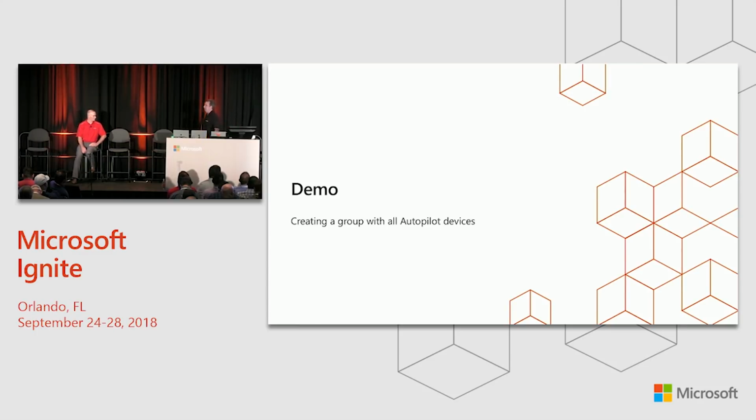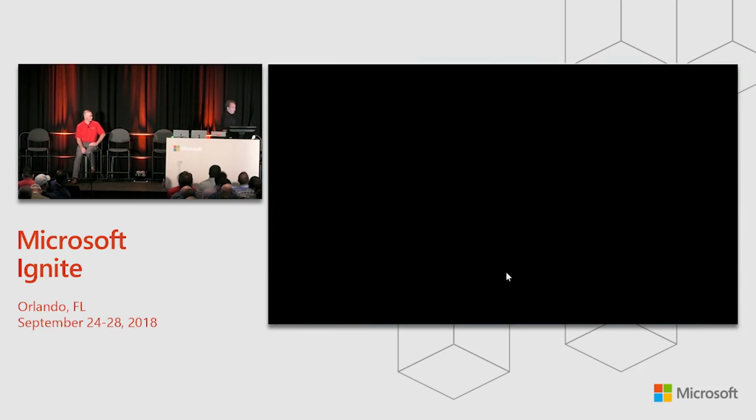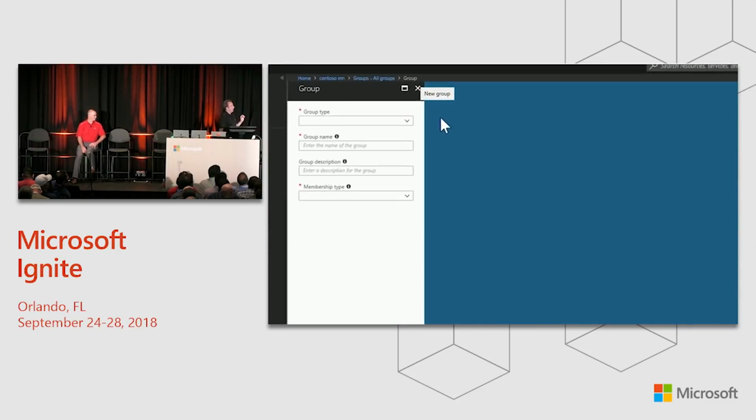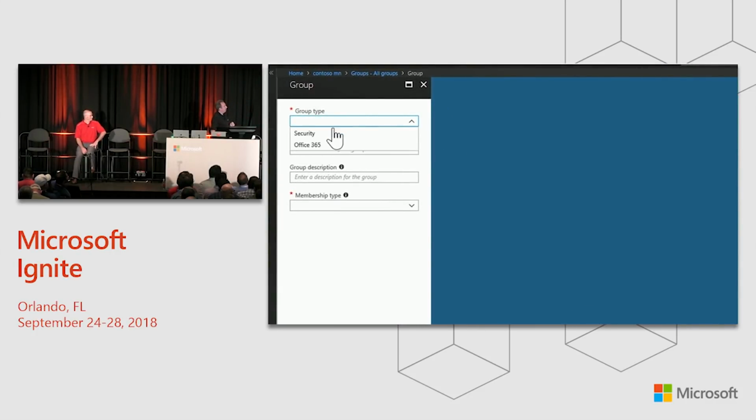The simplest case would be, I want the exact same Autopilot profile applied to every single Autopilot registered machine. To do that, I can create a group and put in a query that selects all the devices based on an attribute that only exists on Autopilot registered devices.